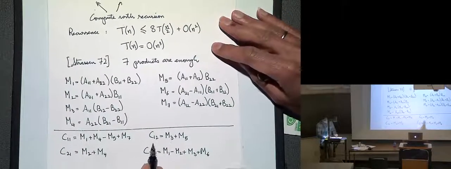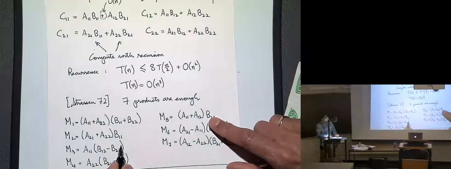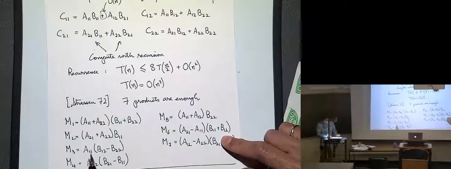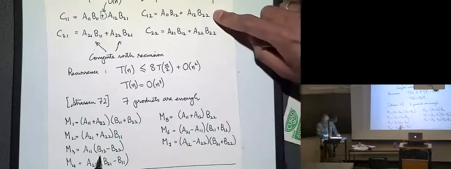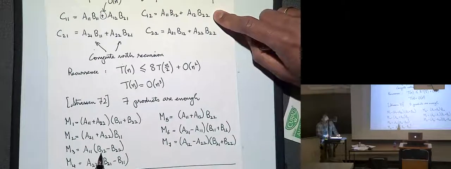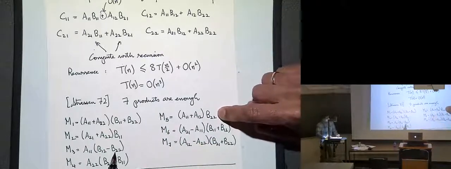So M3 plus M5. You see A11 B22 cancels out with A11 B22, and you get A11 B12 and A12 B22. So you exactly get that term there. A11 B12 and A12 B22.